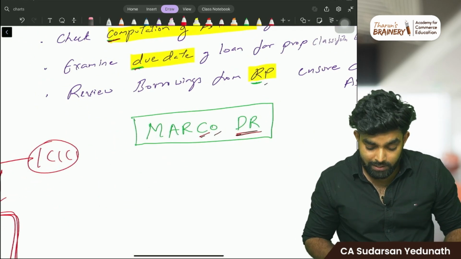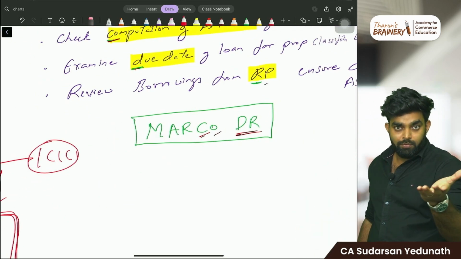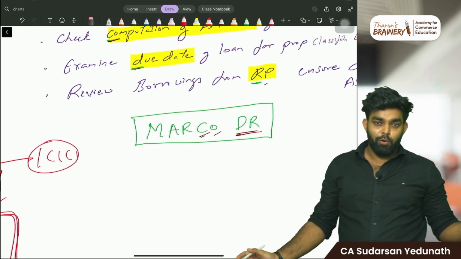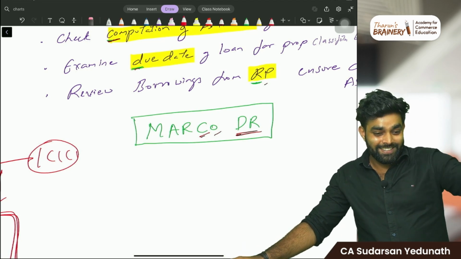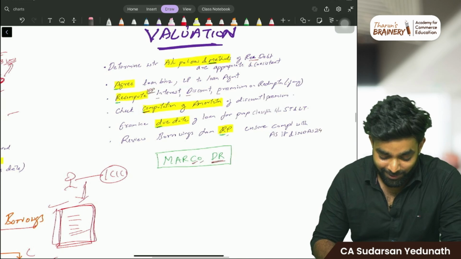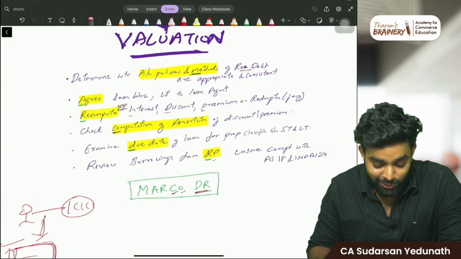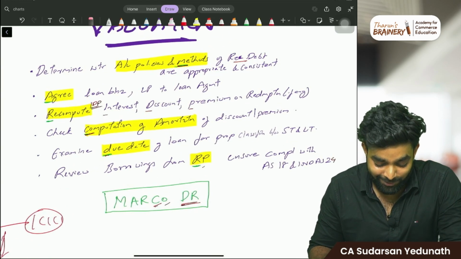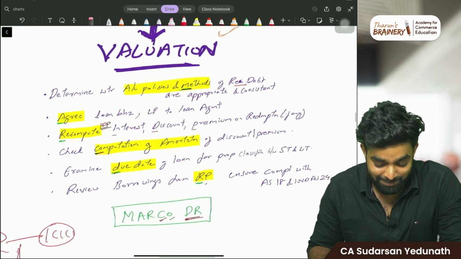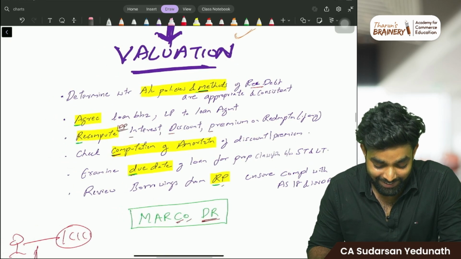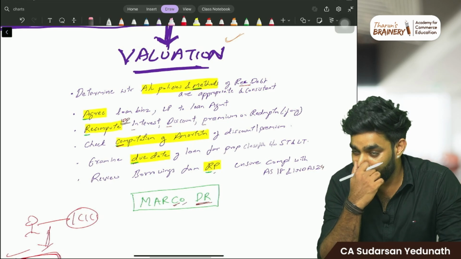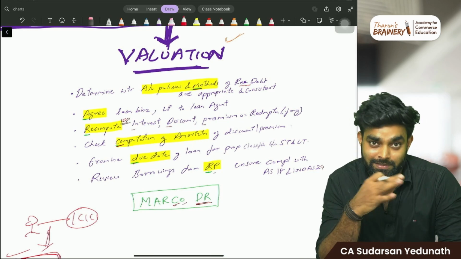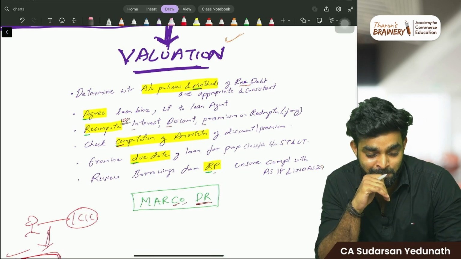Here the mnemonic is Marco Doctor. There is a new Malayalam movie called Marco. Hope you would have watched that, right? If you watched, just comment in the comment box. Marco. Did you like the movie or not? I don't know. Some may like it, some may feel it is horrible, some may not even be able to tolerate it. I think it is the most violent movie I have ever seen, because I have not seen all these Korean movies.